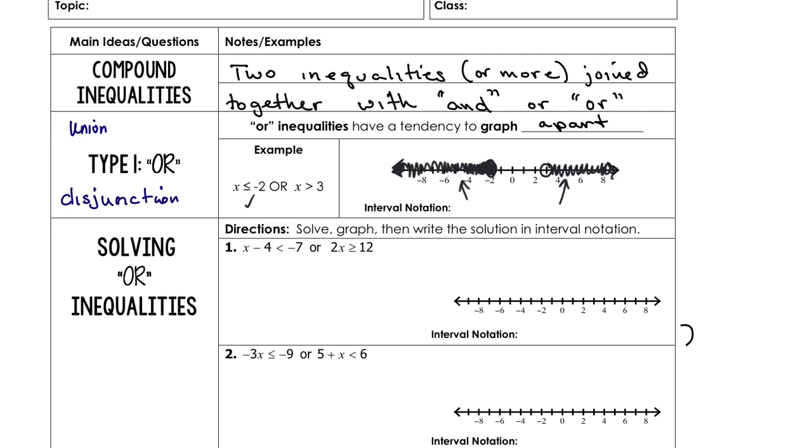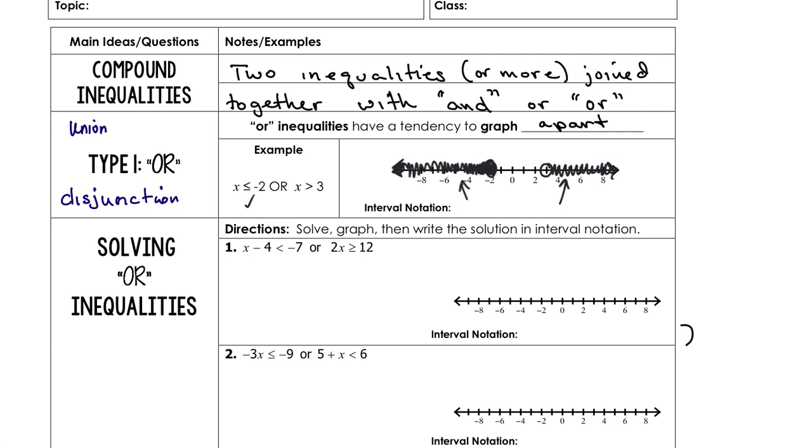That's why it's called the disjunction. They're disconnected from one another, but that's the importance of the word or: you can have one or the other, and that's okay.